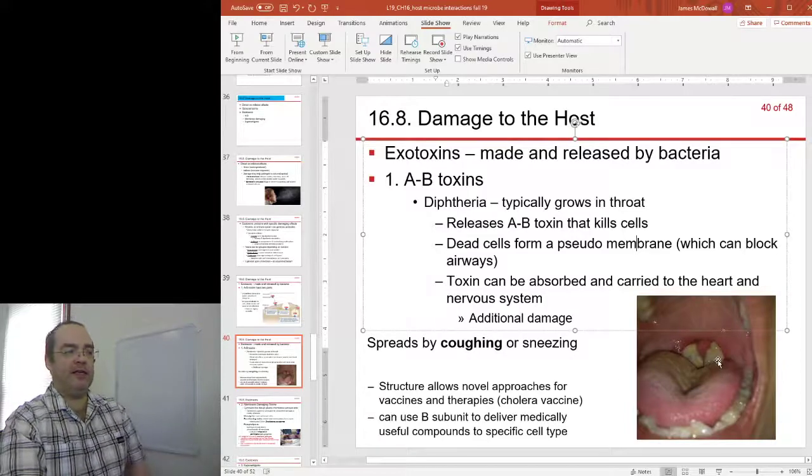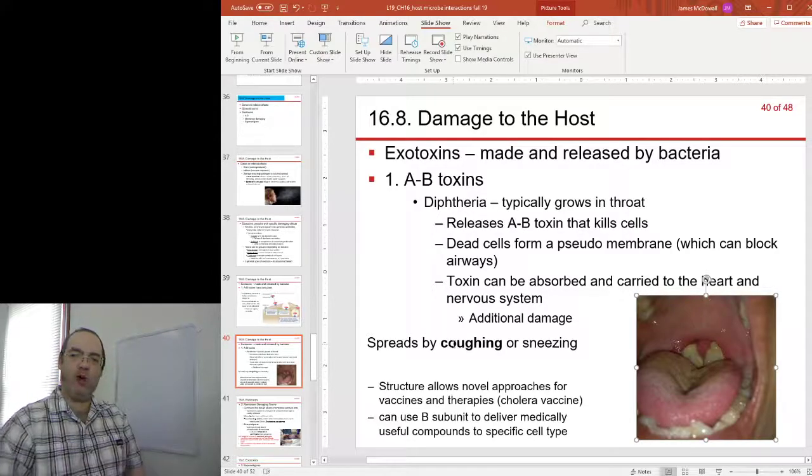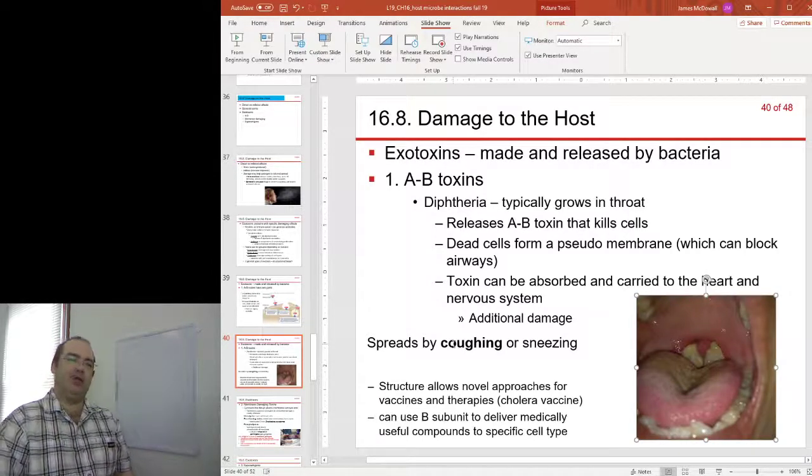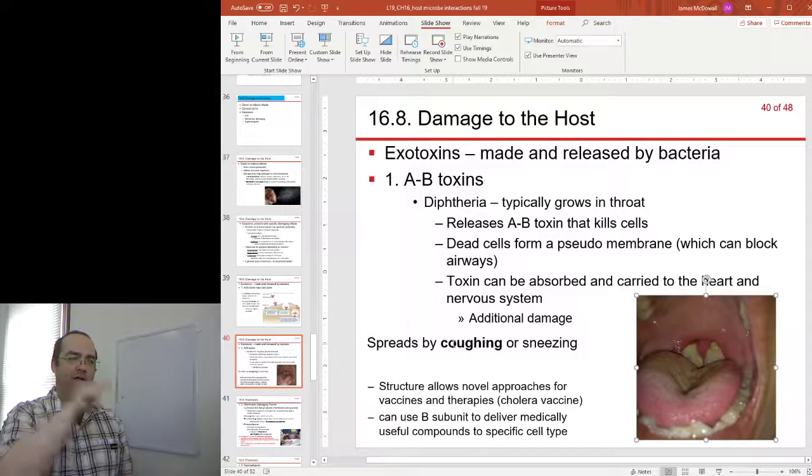One thing that this pseudomembrane does is it causes coughing, and in addition to that, sneezing. Our diphtheria bacteria is here in the mouth, so coughing and sneezing are going to be one important mechanism to expel the bacteria out of one host into another host.